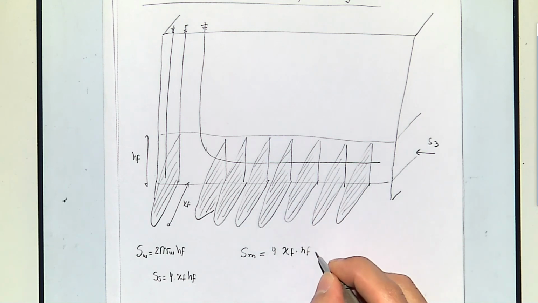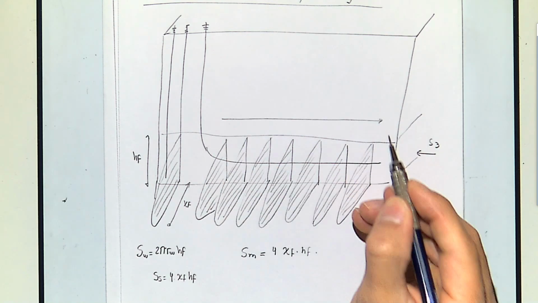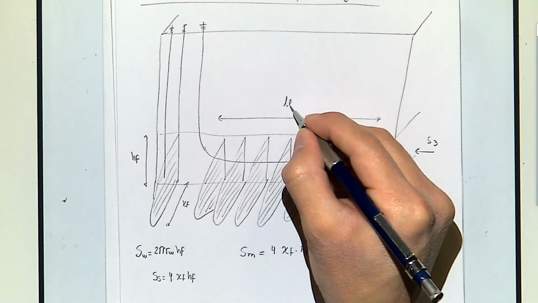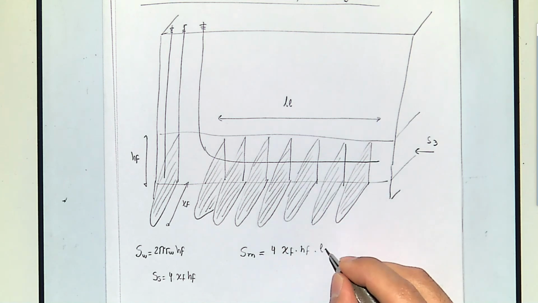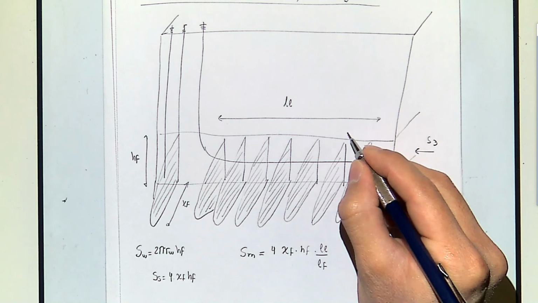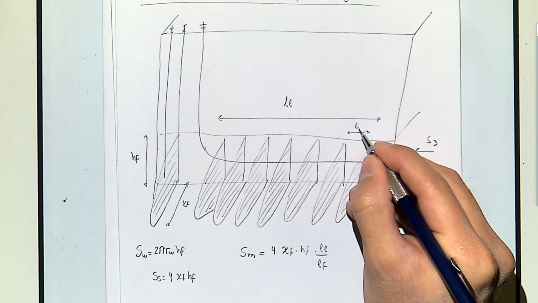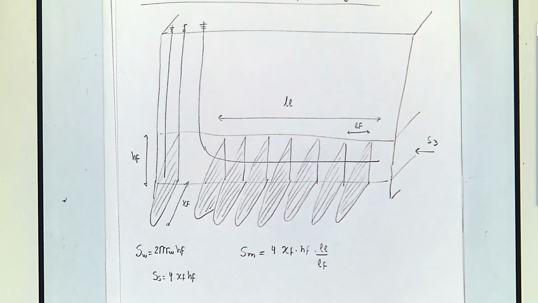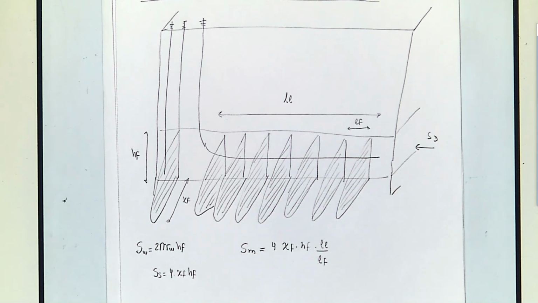But then we have to multiply times the number of fractures. And the number of fractures is going to be equal to the length of the laterals divided by the distance between each fracture. So now we have 2 more additional parameters that we can control compared to a single hydraulic fracture completion.